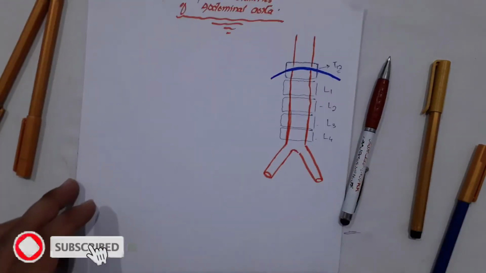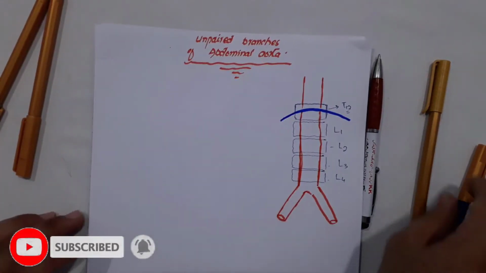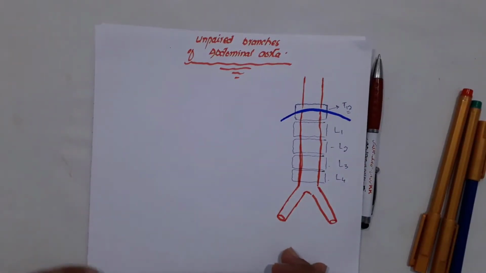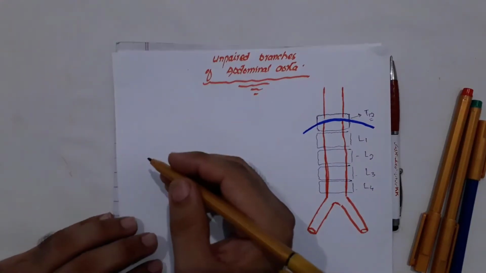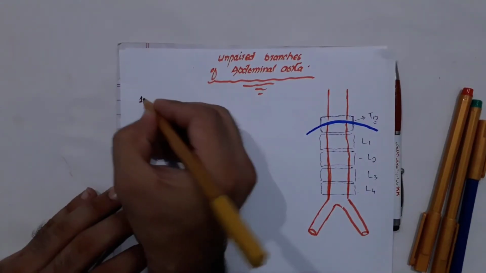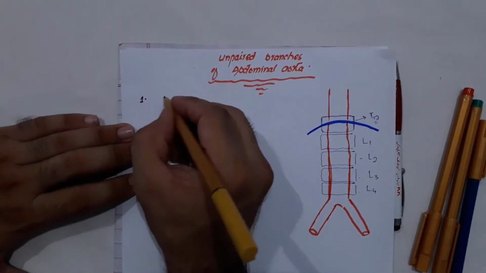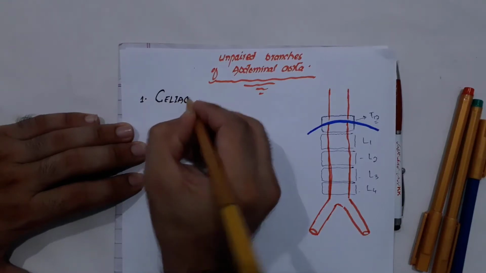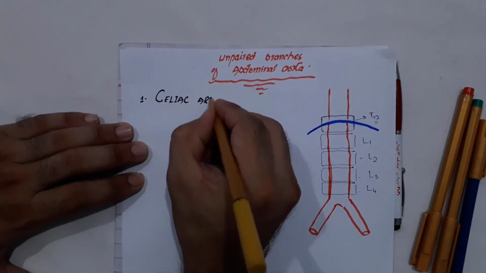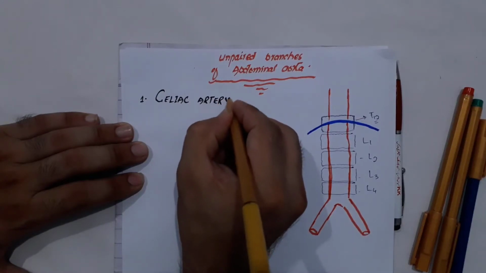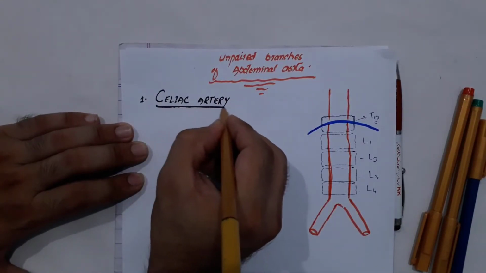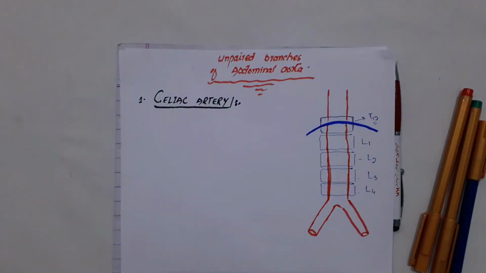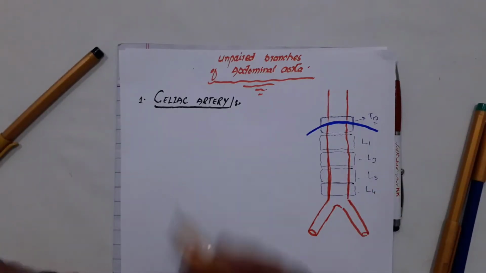So let me start my lecture regarding the unpaired branches of the abdominal aorta. The first unpaired branch which arises from this abdominal aorta, the big branch, is the celiac trunk. You can also call it the celiac artery or celiac trunk.